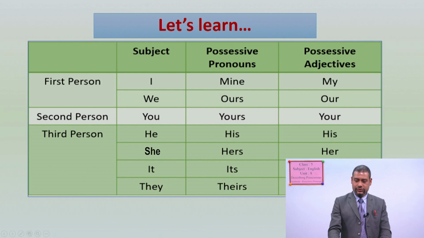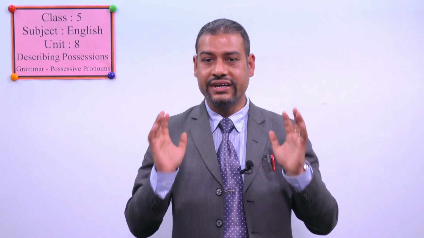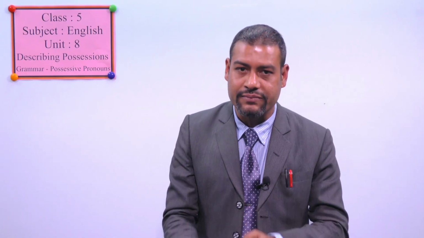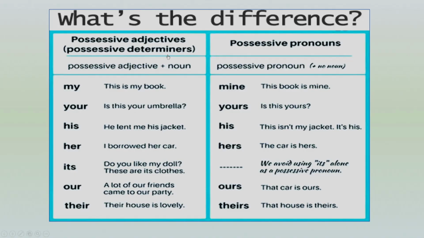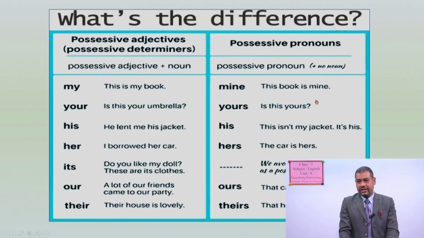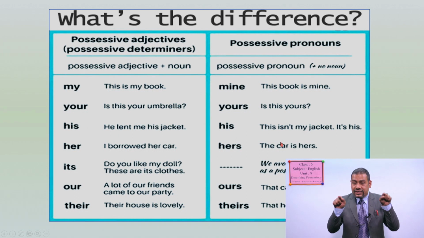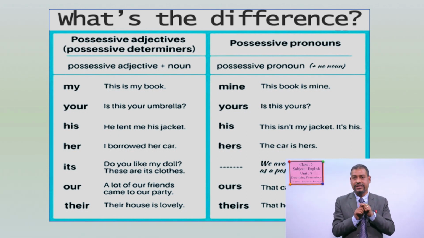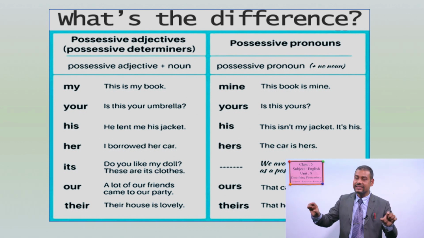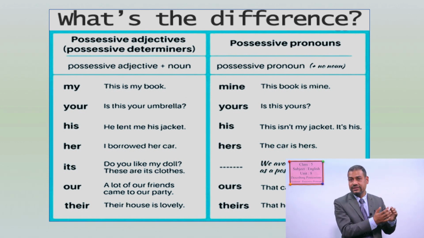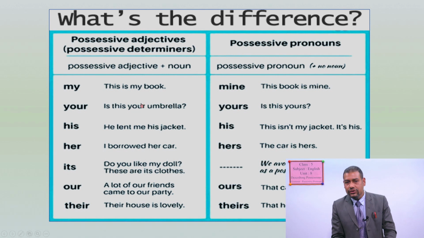So I want to make you clear. For example, you can look at the example: possessive adjectives and possessive pronouns. Actually, we are learning to use possessive pronouns today, but you may be confused between possessive adjectives and possessive pronouns. That's why you should know it.